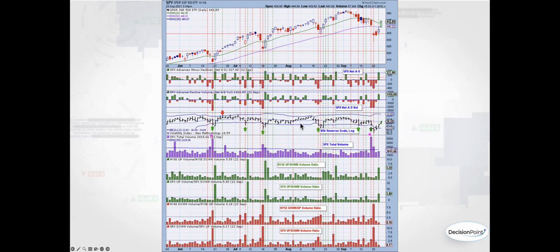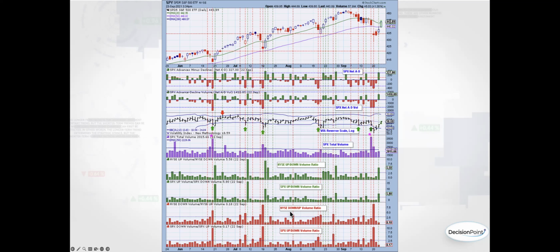So again, what we look for are these readings that pass our thresholds. As I said, remember, minus 2,000, plus 2,000, minus 300, plus 300. So you can see the days we marked. So here's an example of a day that we marked where we got high up-down volume.